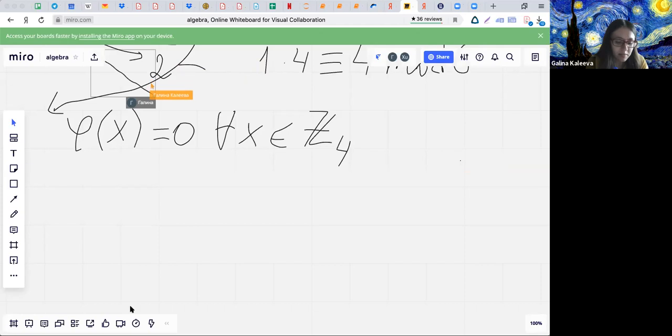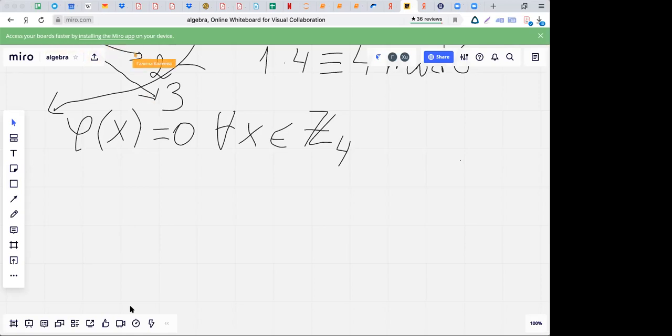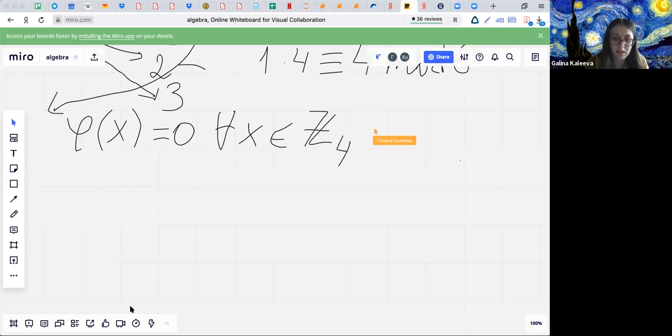Okay, let's see what we have when we map 1 into 3. 1 goes to 3. What about homomorphisms in this case? It's going to be the same. Actually, if I compute, here I have to multiply 3, the image, by 4.